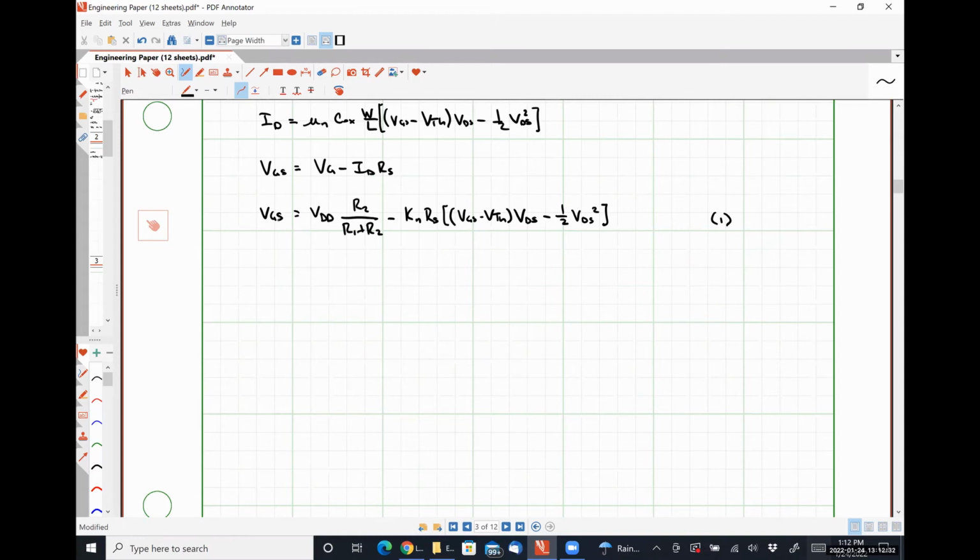If we write a KVL equation on the right-hand side, this is the exact same VDS equation we got just a moment ago.